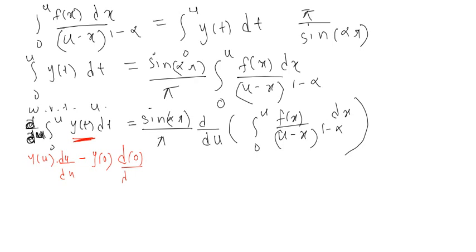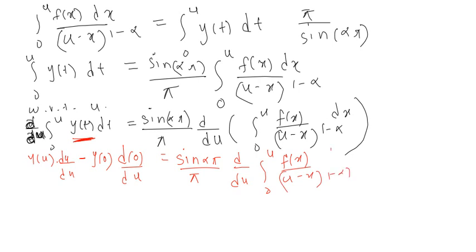And the RHS will be equal to sine of alpha pi by pi, d by du of integral f of x by (u minus x) raised to 1 minus alpha into dx.